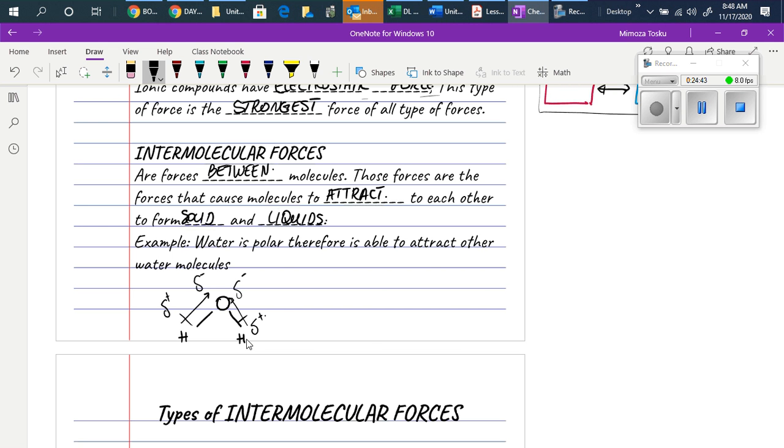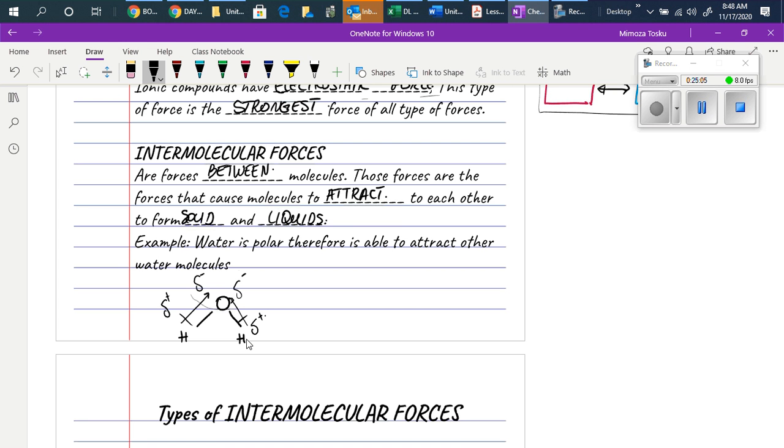Now, what do you see here? The oxygen is delta negative, which means that the electrons are spending more time in the atom of oxygen.